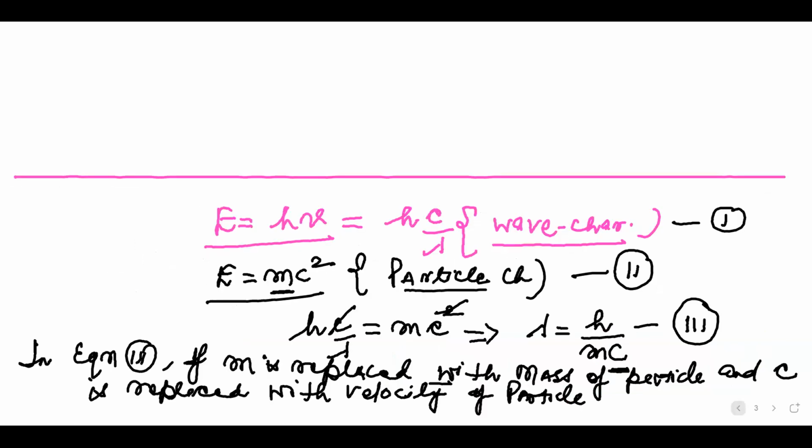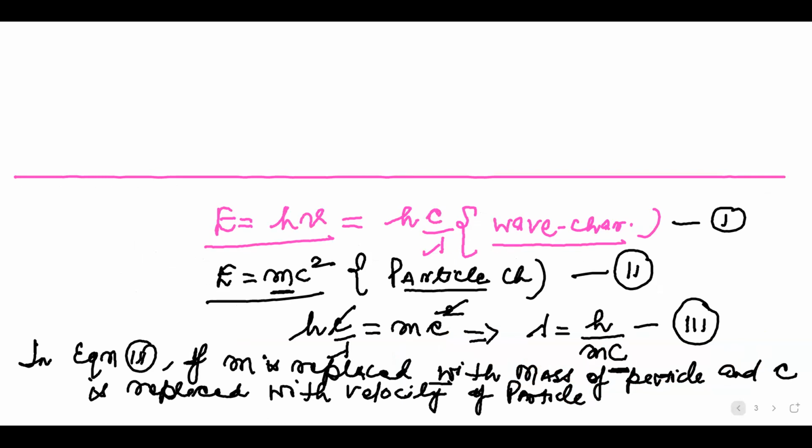एक बार देखो, शुरू से देखो इसको. E is equal to h nu, that is hc by lambda, that is the wave character. Then according to the Einstein mass energy relation, E is equal to mc square, where m is the mass of the particle and c is the speed of the light, which emphasizes the particle character. In equation 1 and 2, their left sides are same, so I equate their right sides.